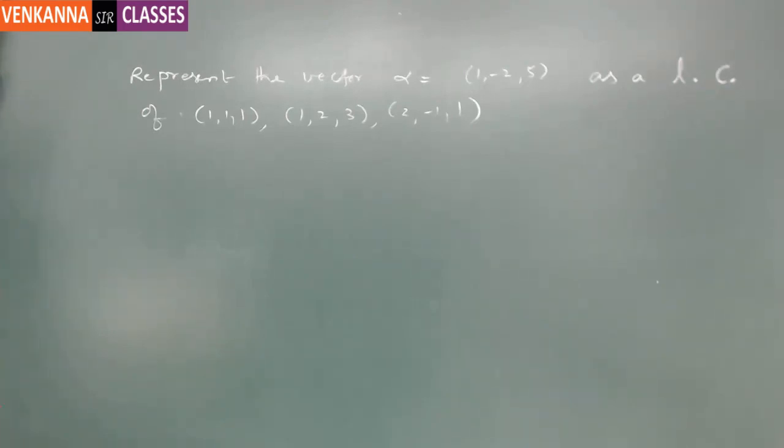So let us do the problem. We are going to write the vector alpha (1, minus 2, 5) as a combination of these three.